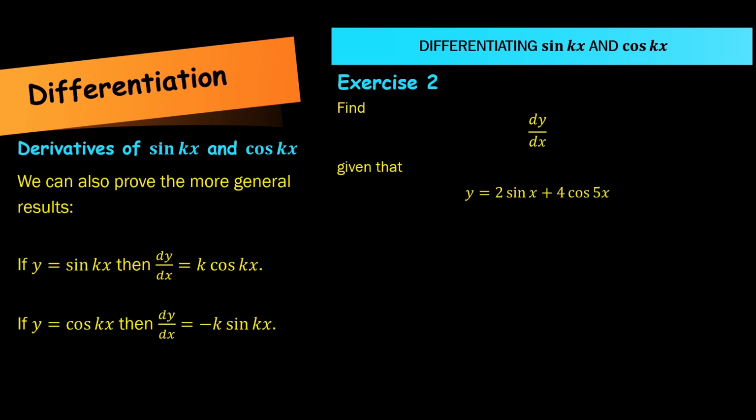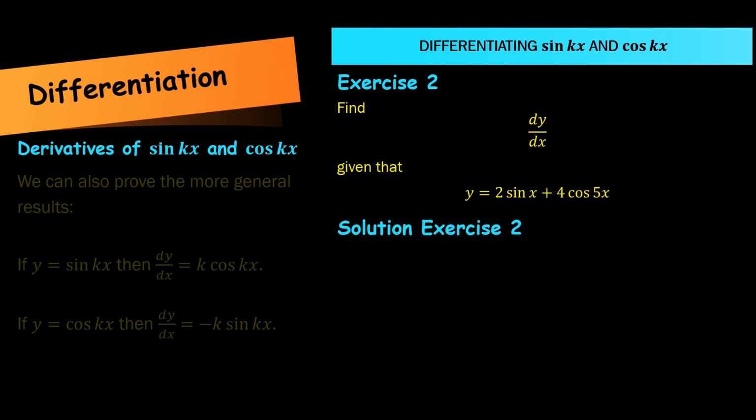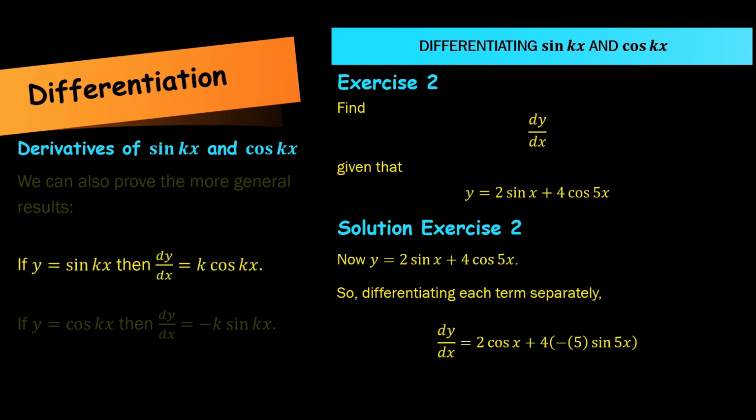And now for the next exercise. We're going to find dy/dx given that y equals 2 sin x plus 4 cos 5x. So let's solve this. We're going to differentiate each term separately. For the first term, differentiating sin x gives us cos x, and therefore dy/dx equals 2 cos x plus the differential of 4 cos 5x.